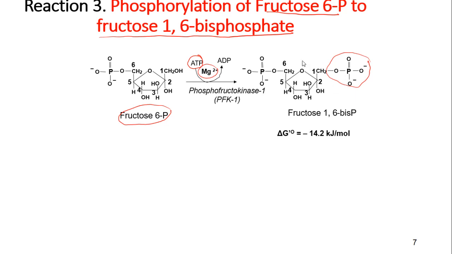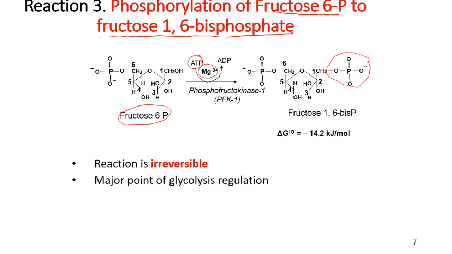Okay, so this process is irreversible, just like phosphorylation of glucose. Phosphorylation of glucose, during that process, it is irreversible. Same applies with this same reaction. And then this reaction is praised as a regulatory step in the process of glycolysis. Okay, so take note of that.